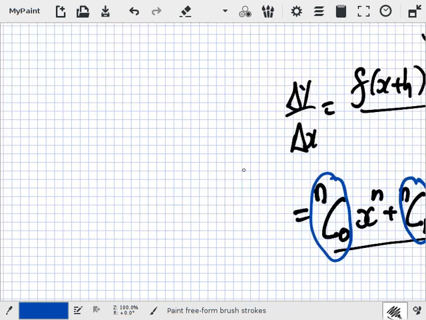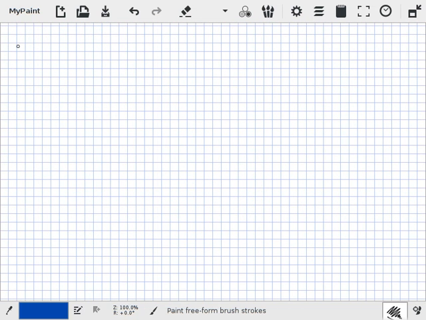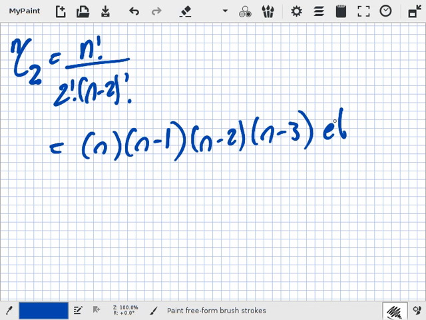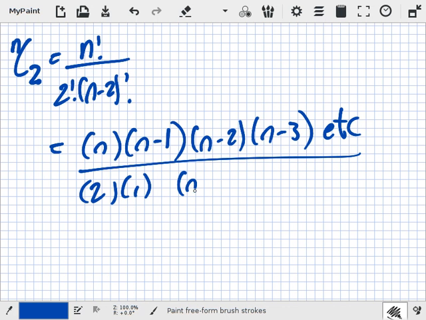So we'll need to write this down if you recall. nC2 is n factorial over 2 factorial times n minus 2 factorial, which is n times n minus 1, n minus 2, n minus 3, etc. over 2 times 1, and then n minus 2, n minus 3, etc. Do you remember this?